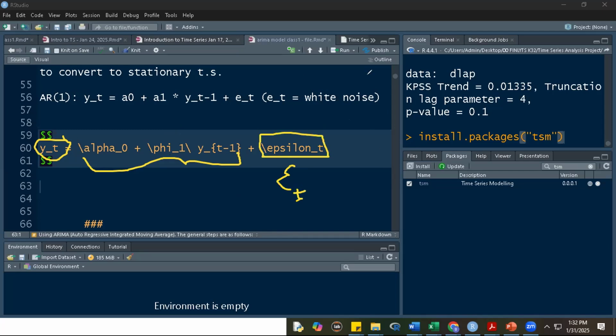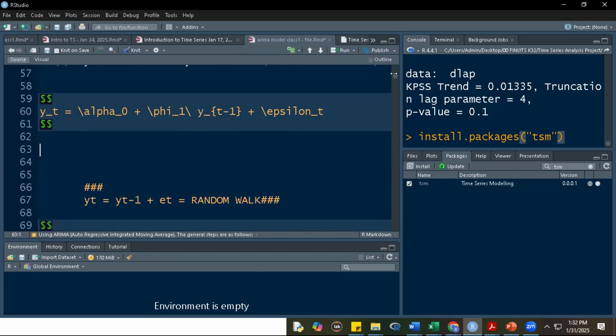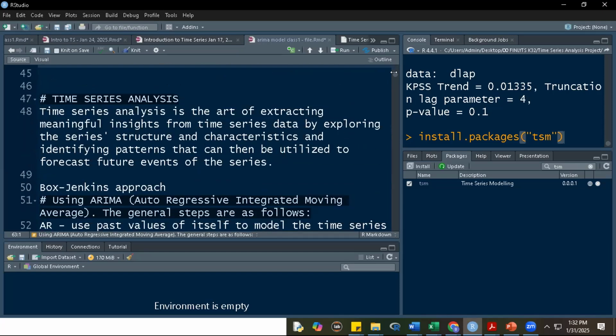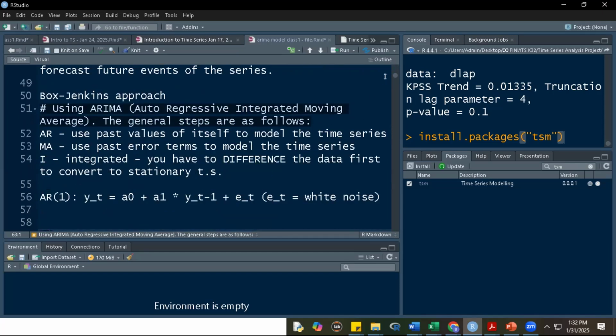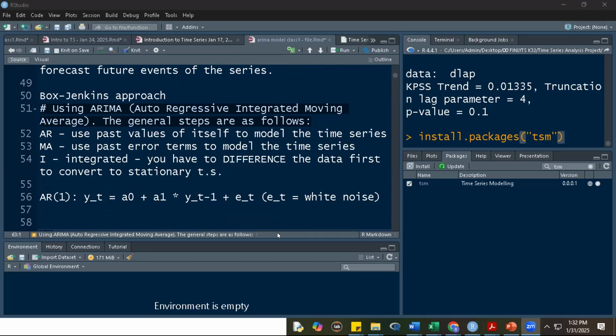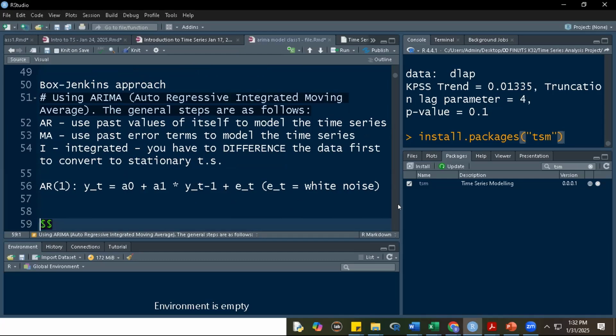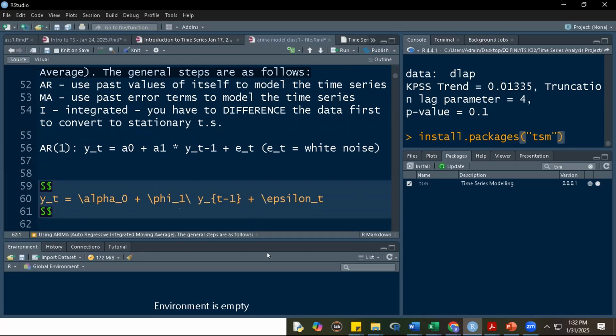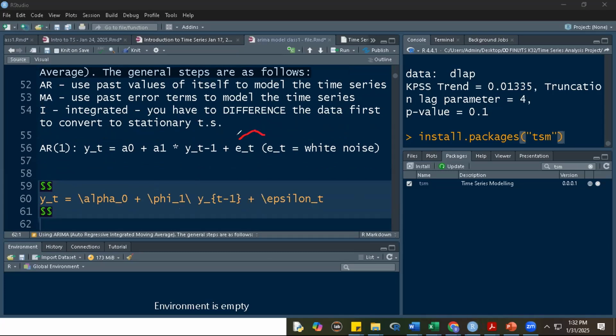Okay, so now what's important to note is that your epsilon sub t, this one, class, epsilon sub t should be white noise.